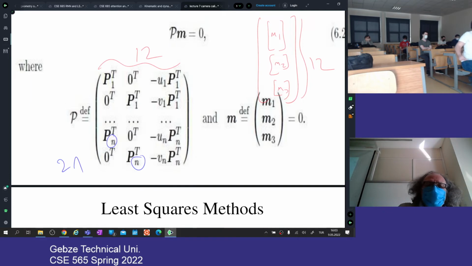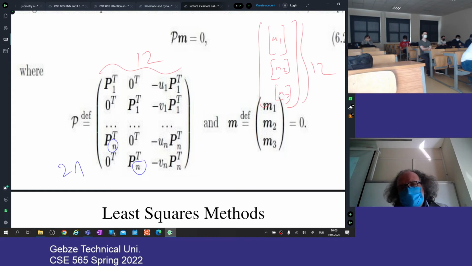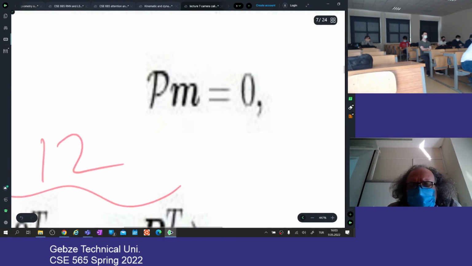So I know all the numbers inside this P, and there are 12 unknowns. That means what? 6 correspondences should be enough, but I am going to use much more than that. So it is going to be like this. I know these values inside this one.